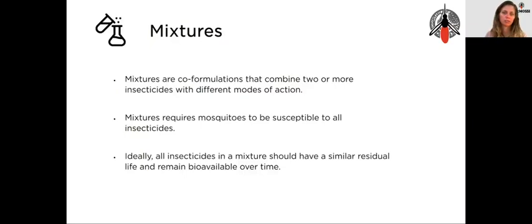Mixtures involve using 2 or more insecticides with different modes of action at the same time. So with a mixture, the insecticides are put together into the one product that is deployed. This strategy is used quite frequently for drug treatments.